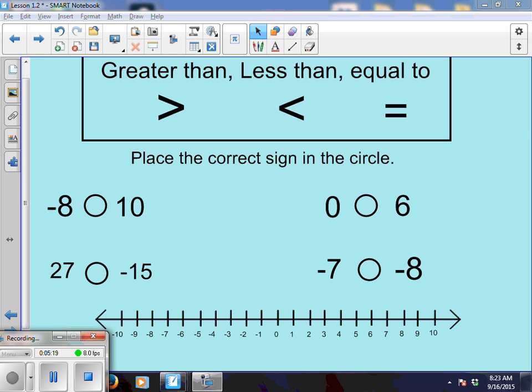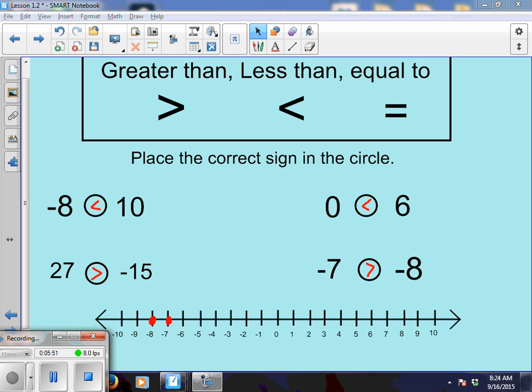A number line is always helpful to decide which number is greater than the other, because when you read from left to right, the numbers going from left to right are going from least to greatest. Yep, you've got it. So why don't you press pause on this video and decide for yourself which numbers are greater than one another. Then press play and you can self-check your answers.